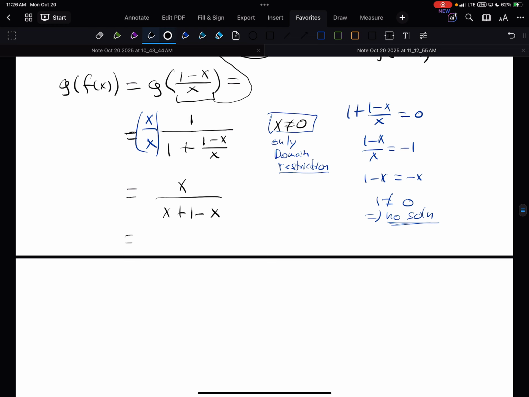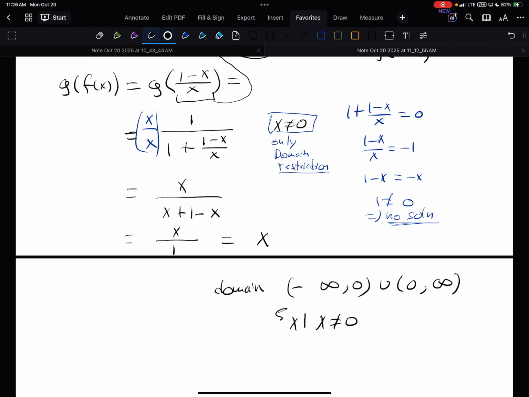I get x over 1, which then just becomes x. And then I have a domain of negative infinity up to 0, union with 0 up to infinity. Or I say x such that x not equal 0 for my interval notation or my set notation.